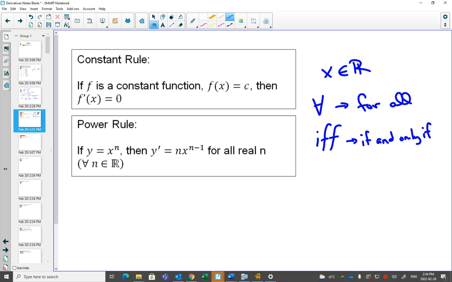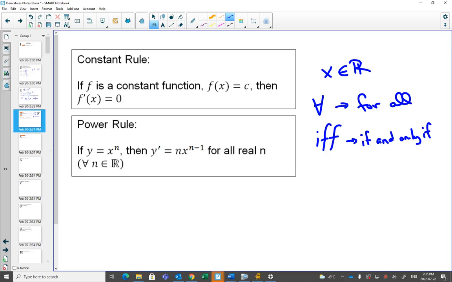If implies a single condition, but if and only if means no other conditions can be allowed. If and only if.